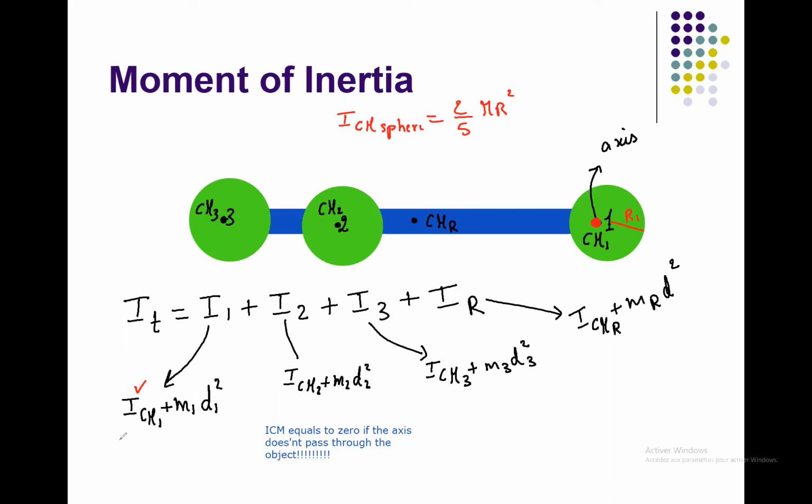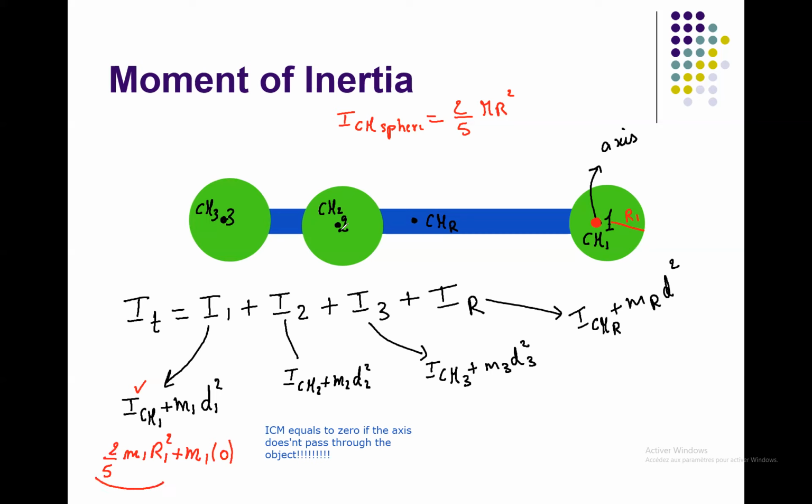So I1 equals I_CM1, which is 2 over 5 times M1 R1 square, plus M1 D1 square. D1 is the distance between the center of mass of 1 and the axis, equal to 0, so times 0. Here we get only this term.